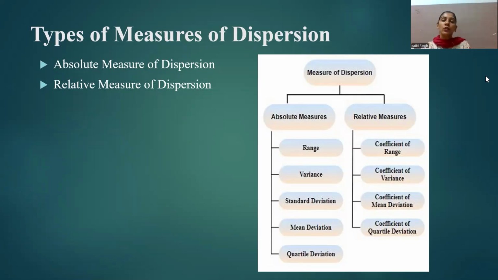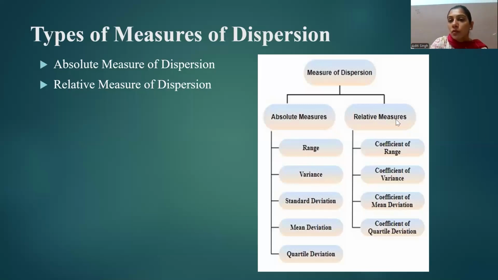Basically, there are two types of dispersion: absolute measure of dispersion and relative measure of dispersion. As you can see in this diagram, the absolute and relative measures have further categories. Absolute measures are of five types: range, variance, standard deviation, mean deviation, and quartile deviation.